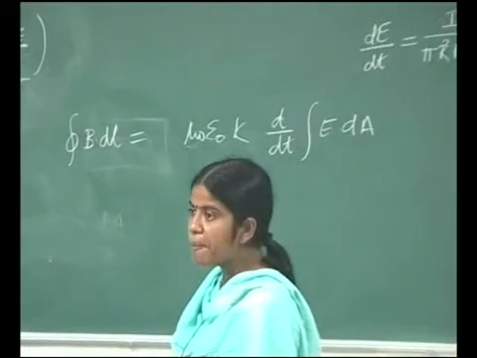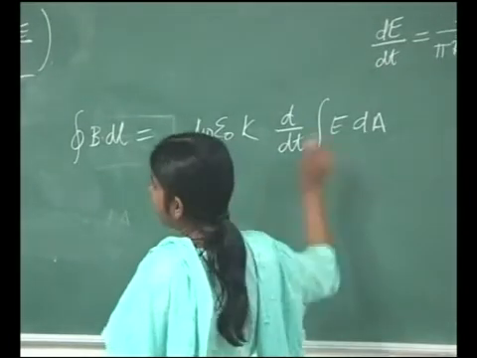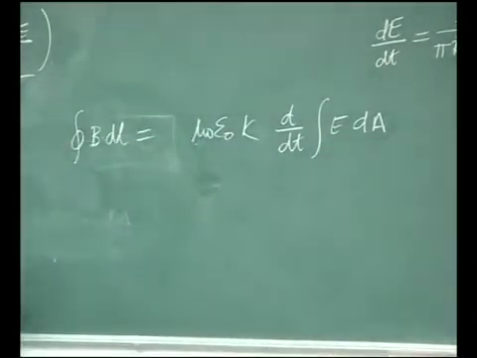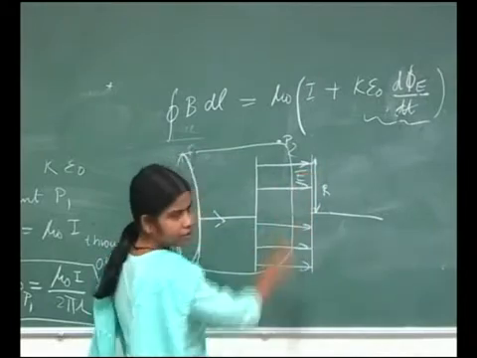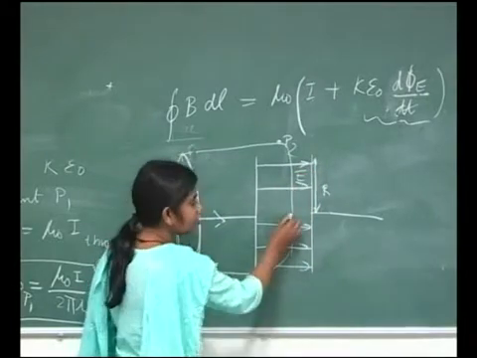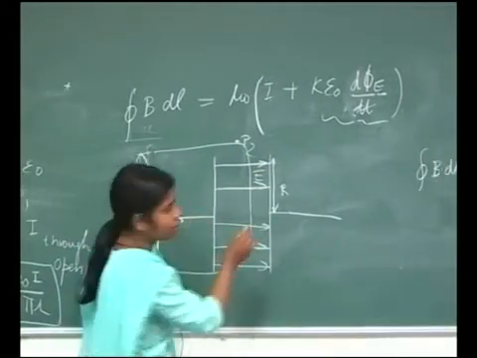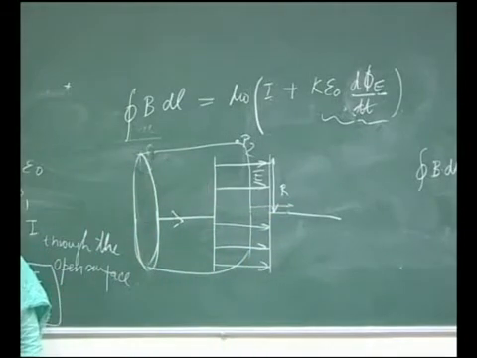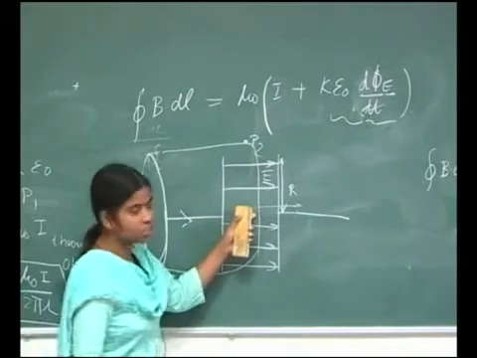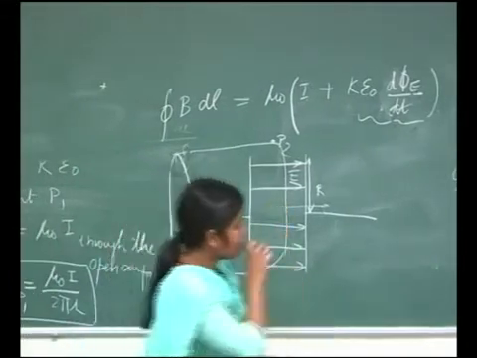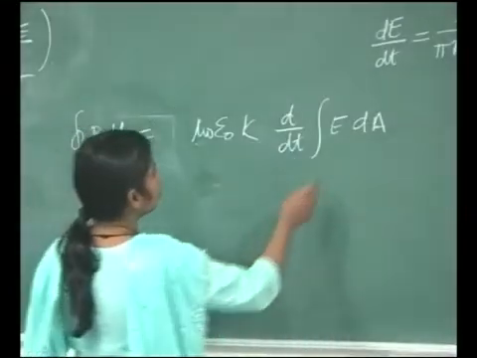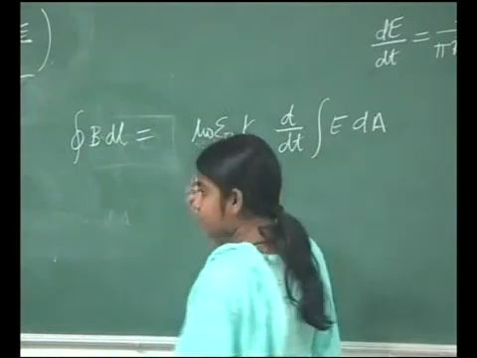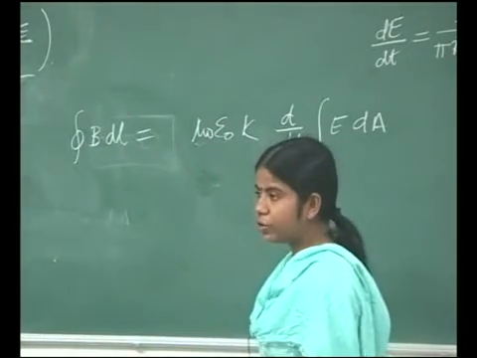Is it okay? Now, E dot dA, you see here, this is electric field lines here. And what is the direction of the surface area? Along this direction. So, E dot dA is simply magnitude of E into magnitude of dA.